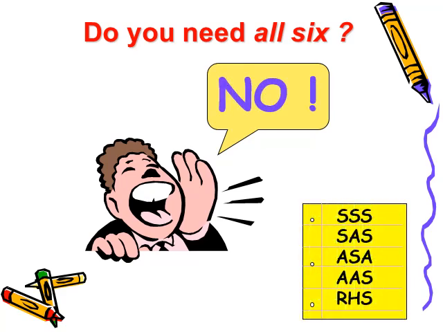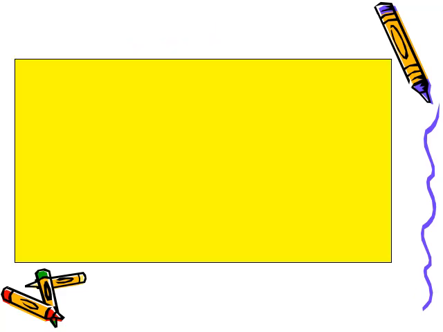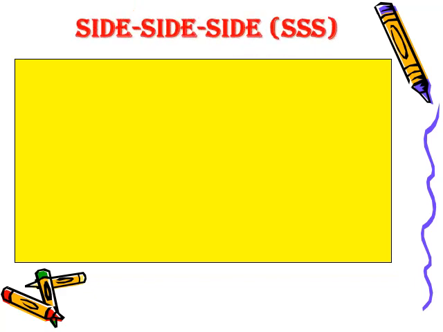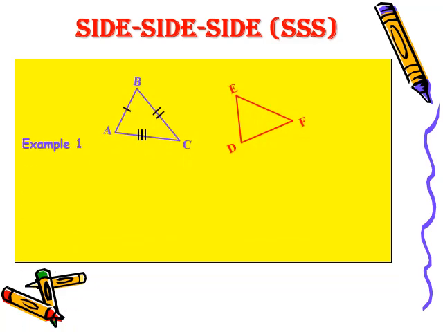Never. I will need just the cases: side, side, side, or side, angle, side, or angle, side, angle, or angle, angle, side, or right angle, hypotenuse, side. The first case is side, side, side, SSS. I have 2 triangles. For example, AB congruent DE, then AB equals DE.